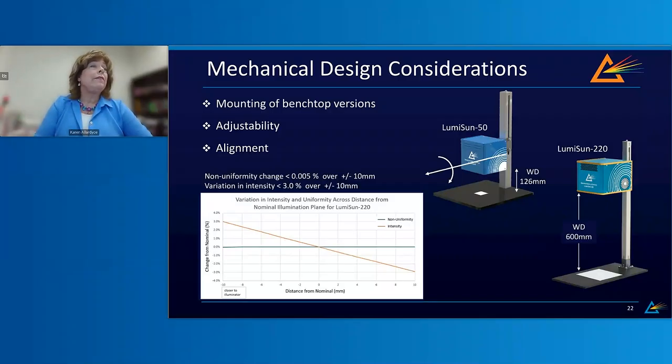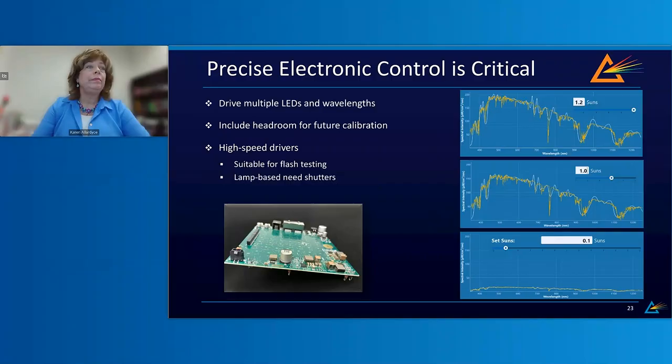I'm showing a graph here on the bottom left, and that's in particular for the LumiSun 220, so that's a bigger model. And you'll see the variation in intensity and uniformity is minimal across a distance of plus or minus 10 millimeters. In fact, non-uniformity change is less than 0.05% over that range. Variation in intensity is less than 3% over plus or minus 10 millimeters. And that's something that's achievable with imaging systems.